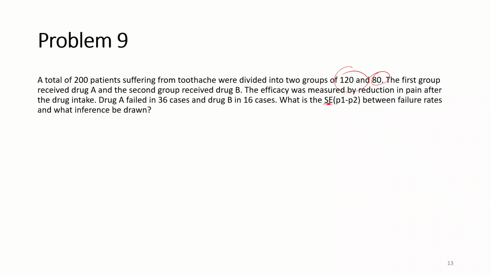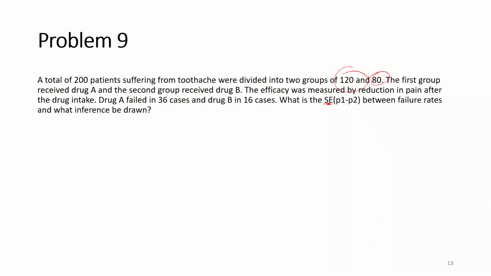So, drug A failed in 36 cases and in the rest of the cases it passed. Similarly for drug B, in 16 cases it failed, but in the rest of the cases it was a success. Then we have to approach it. We have two groups and we have to find the standard error.